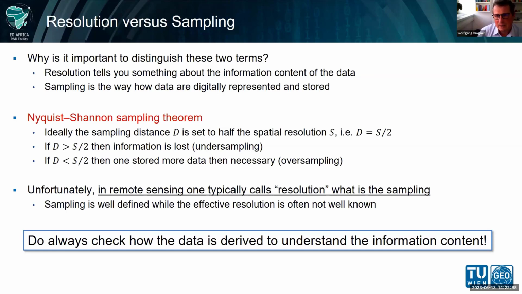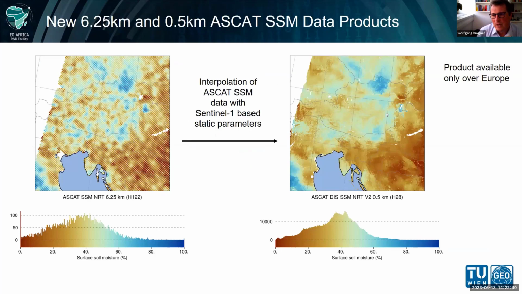Coming back to that example that I showed you before. Here in this case, I know exactly that this data is represented on a 500-meter grid, so I can precisely say this is a 0.5 kilometer ASCAT data product, but I'm not able to tell you exactly the spatial resolution content of it. It certainly will be better than the data shown on the left, but it's also not much better.